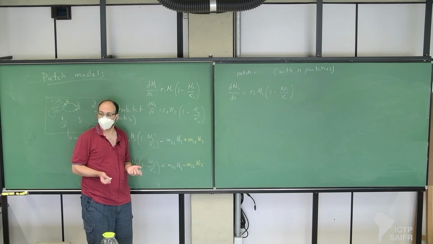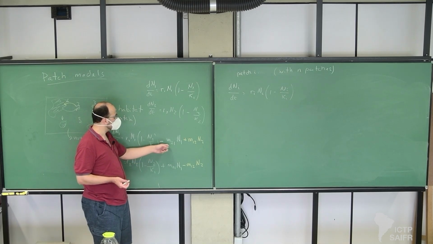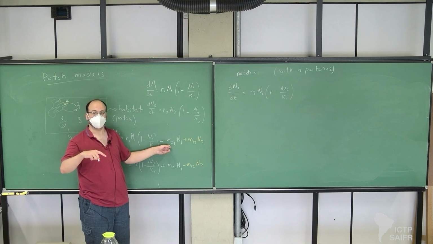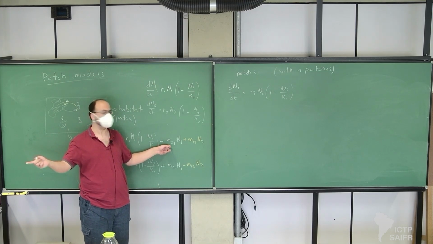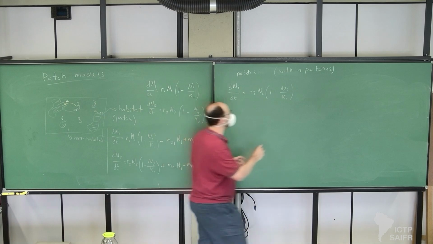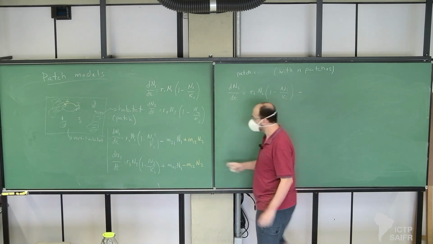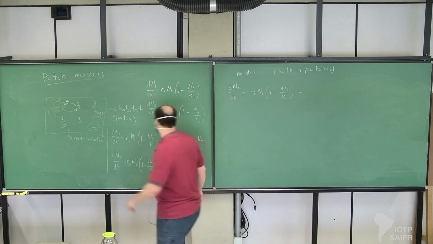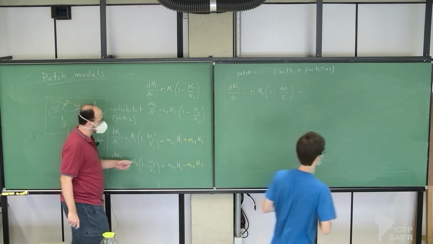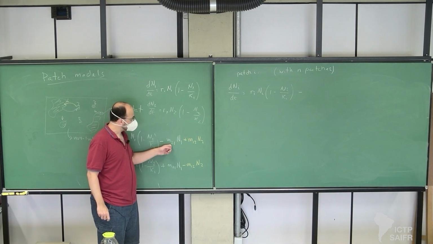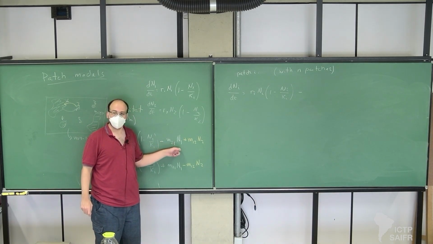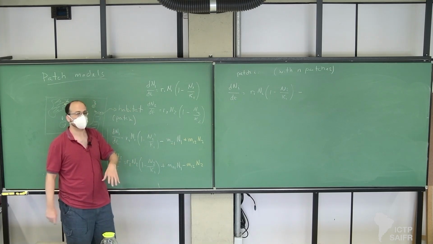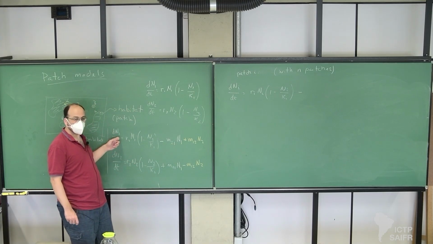So I have to subtract the migrations from this patch going to the others. I'm going to have a minus term here, and all of them are multiples of this patch's population. So if I had a migration to patch 3, I'll have a term that is minus m31 times n1 itself, right? All of the migrations leaving this patch will be proportional to the population of that particular patch.